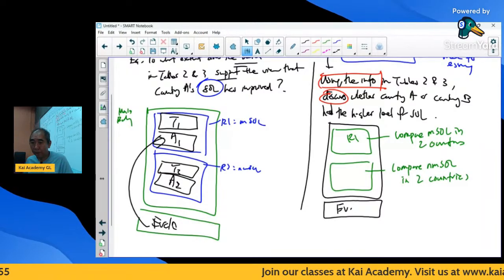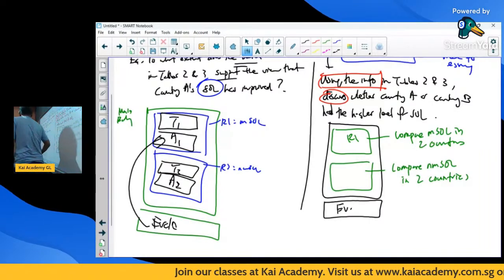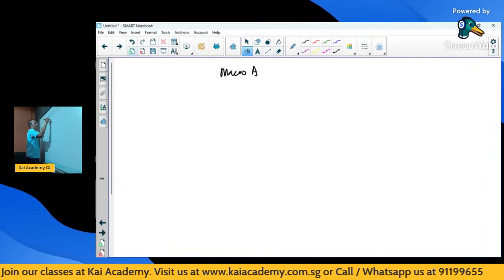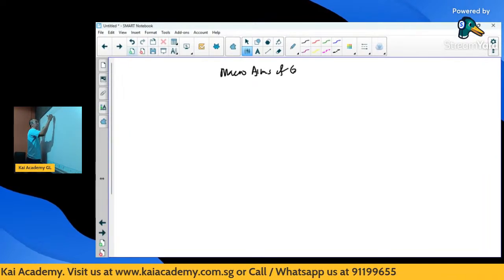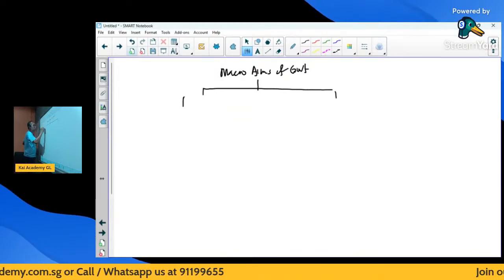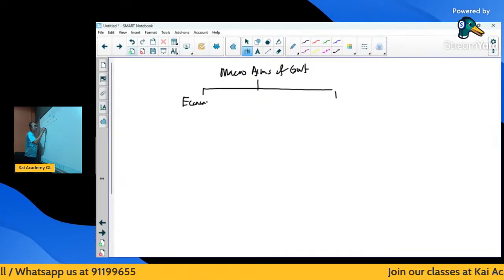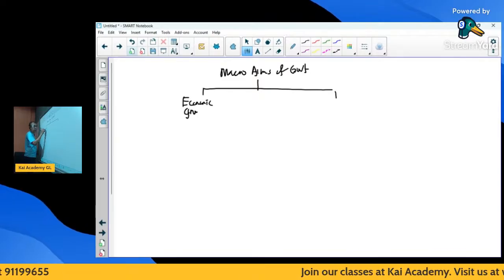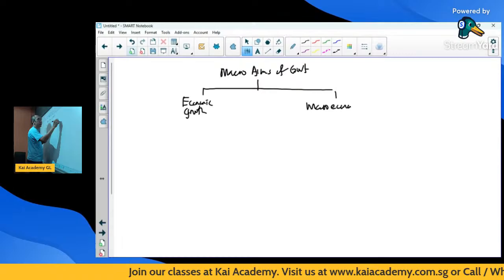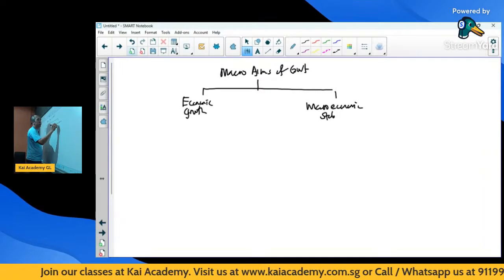What are the macroeconomic aims? The macro aims of governments, generally speaking, in your school is split into economic growth and macroeconomic stability.